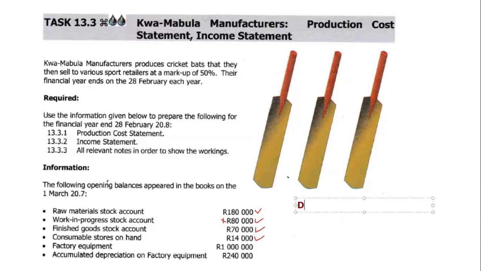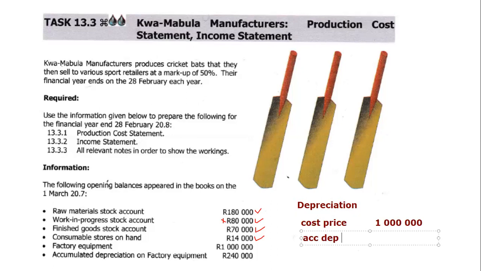So you take 1 million, which is the cost price, right? Yes. Minus 240,000, which is the accumulated depreciation. So we're going to minus it.